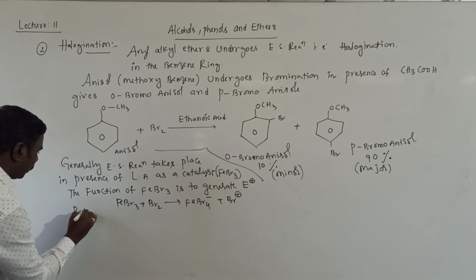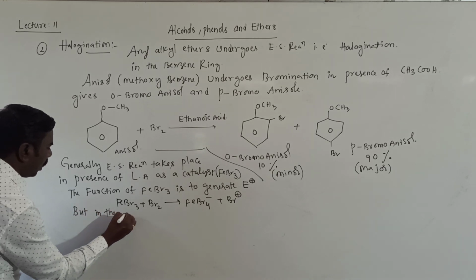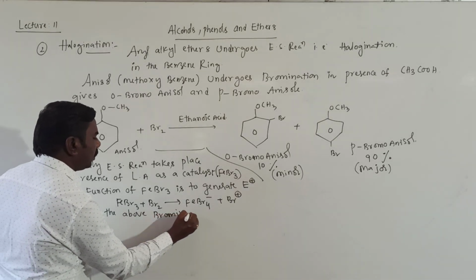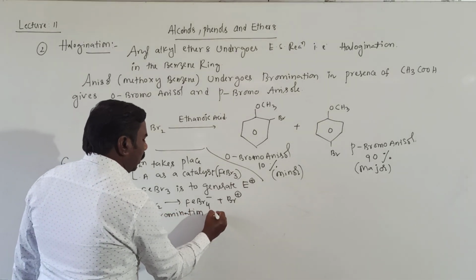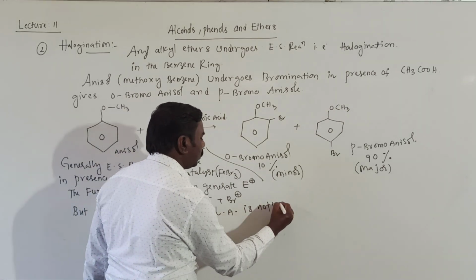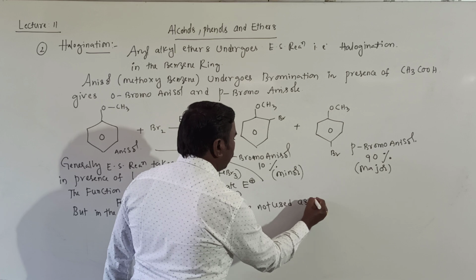But in the above bromination, a Lewis acid is not used as a catalyst.